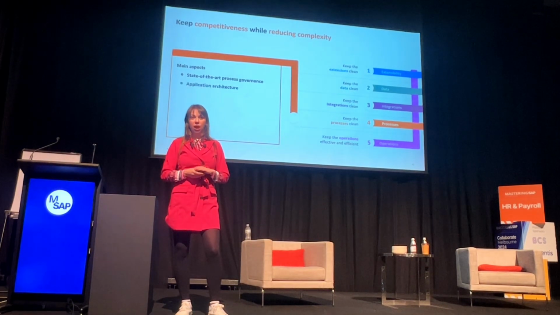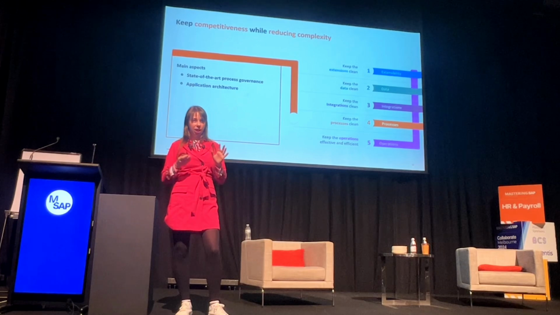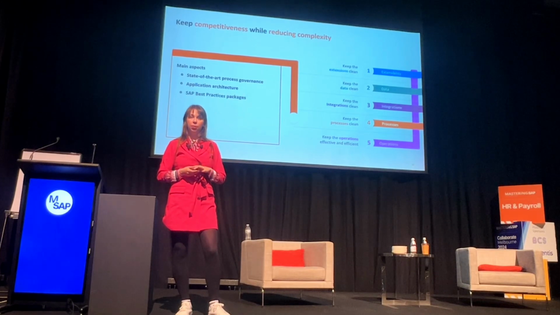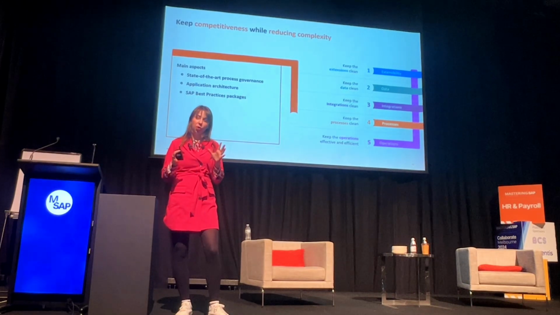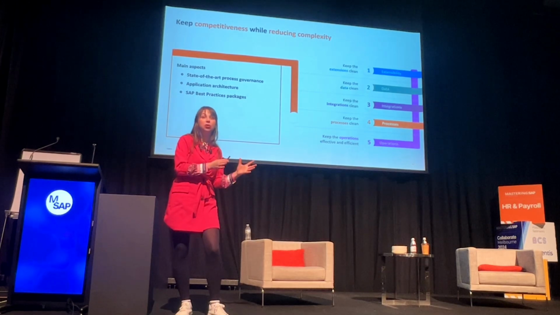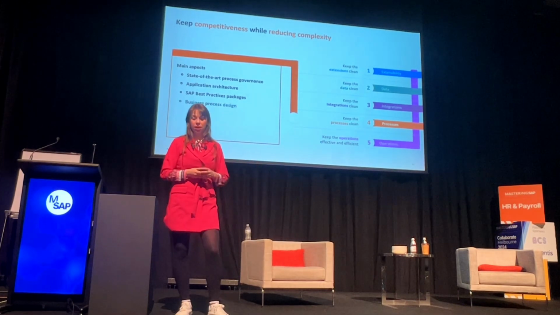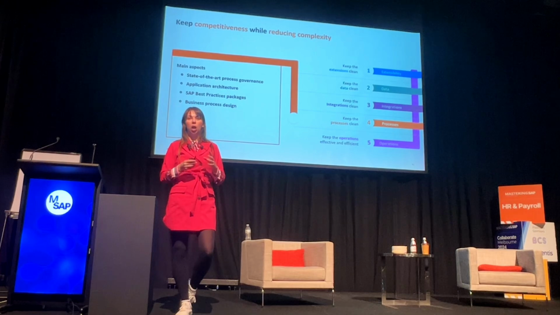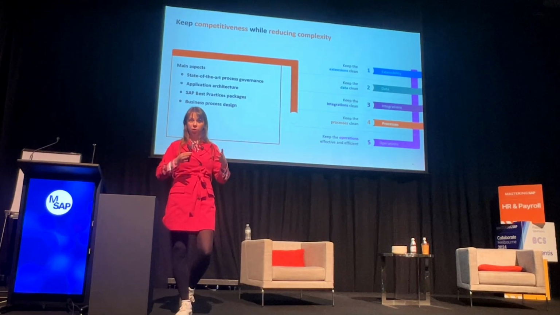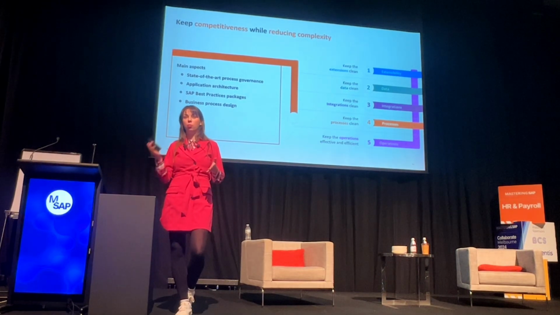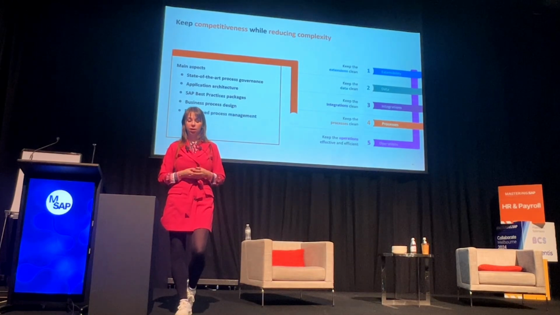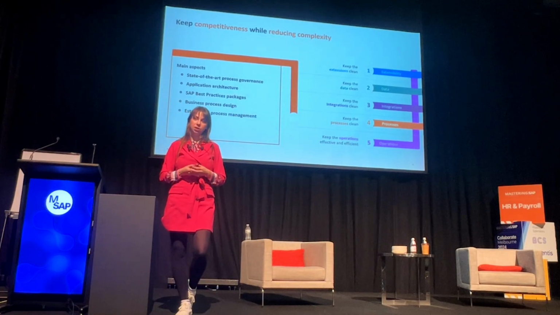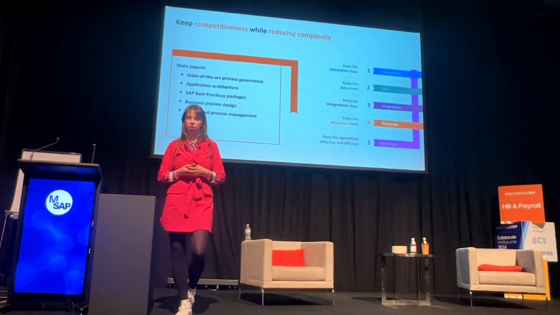You also would ideally have some kind of application architecture. Use anything of what we offer in terms of best practice and ideally stick to it as closely as possible. And also think about what your processes are at the moment, map them out, think about different improvement areas, and also establish some process management structure in your organization.